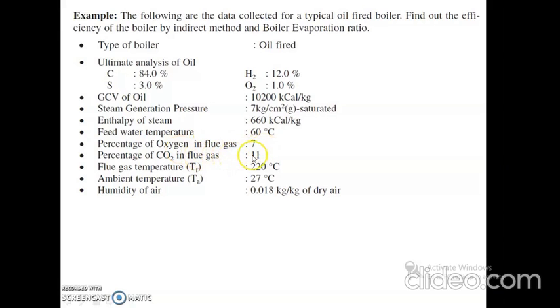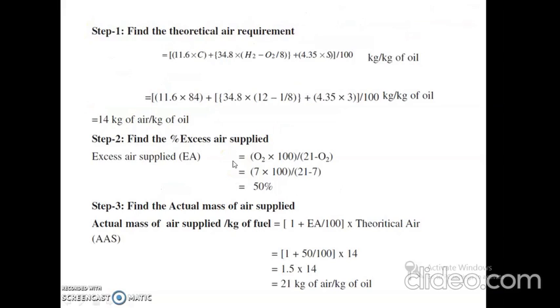Percentage of CO2 is given. Flue gas temperature is 220 degrees Celsius. Ambient temperature and humidity of air is also given. So these are the inputs for the boiler operation, and fuel properties are given, and we have to calculate the boiler efficiency by the indirect method. So let us start.